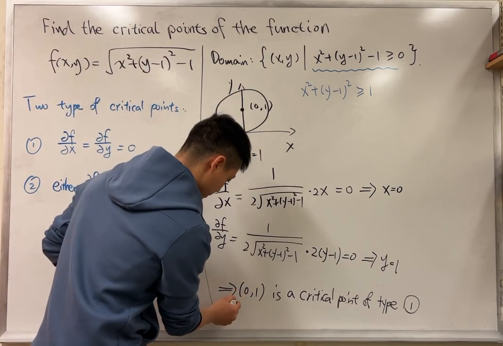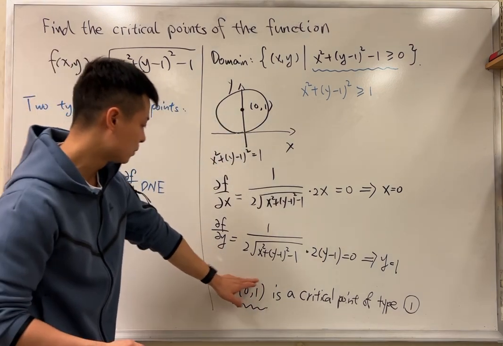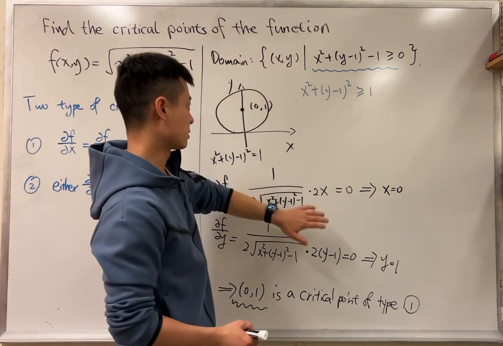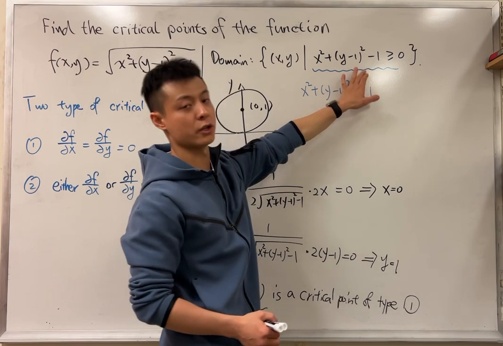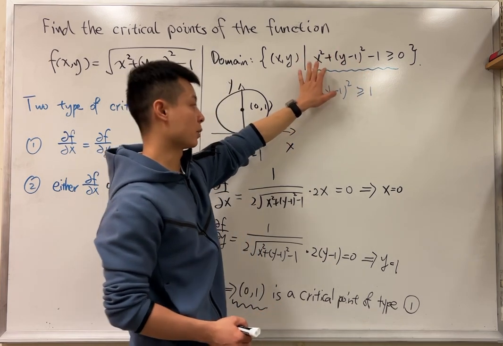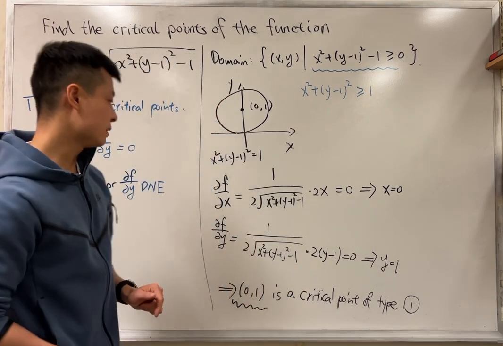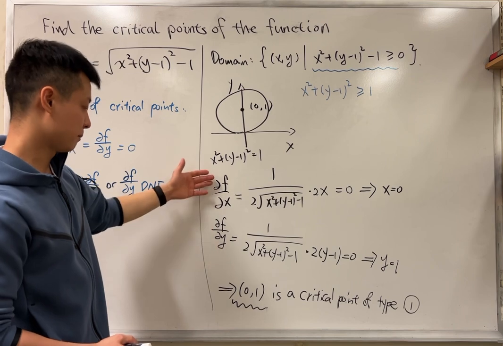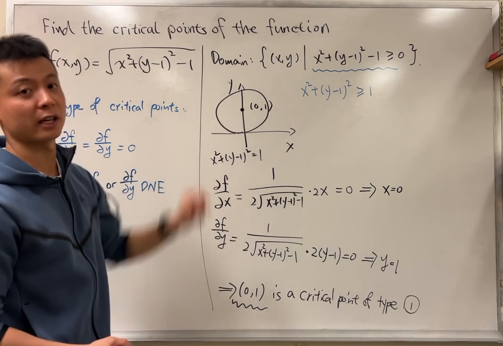So let's check (0, 1). If you put (0, 1) into this inequality, you're going to have 0 plus 0 minus 1, which is going to be -1. So it does not satisfy this inequality, which means that this point, although it makes both derivatives equal 0, is not a point inside the domain.